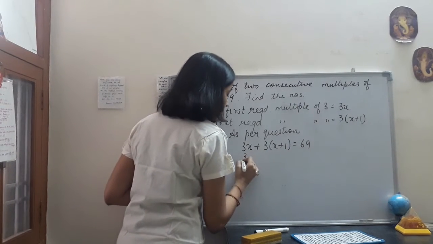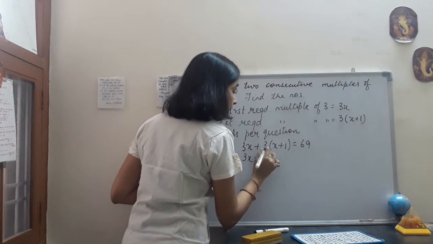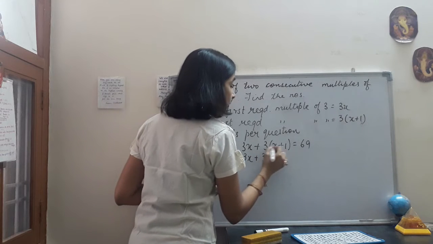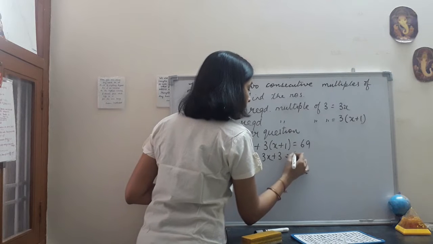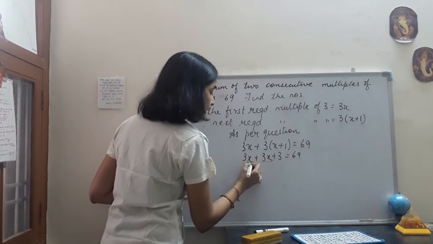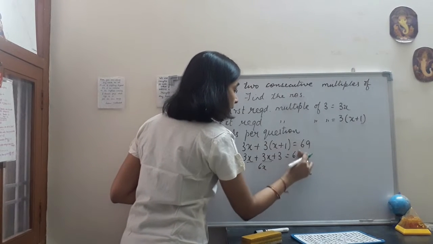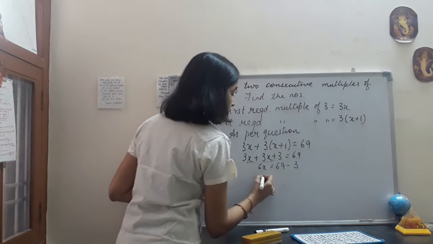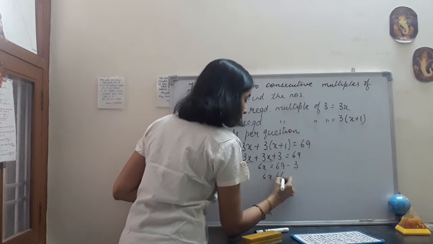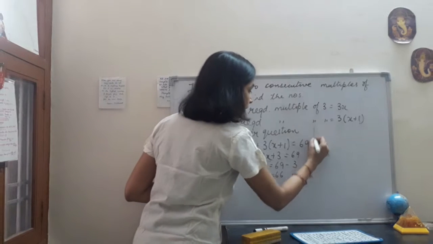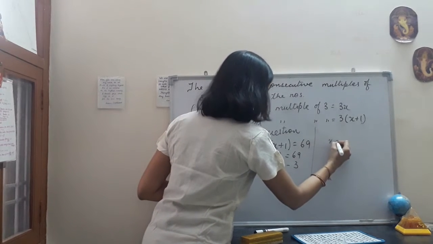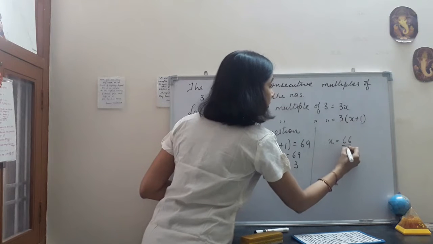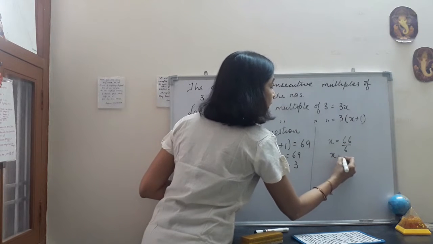Now solving this equation, 3 into x gives us 3x, 3 into 1 gives us 3, equal to 69. Adding the like terms gives 6x, and taking the unlike term to the other side, 6x is equal to 69 minus 3, so 6x is equal to 66. So x is equal to 66 upon 6, so x is equal to 11.